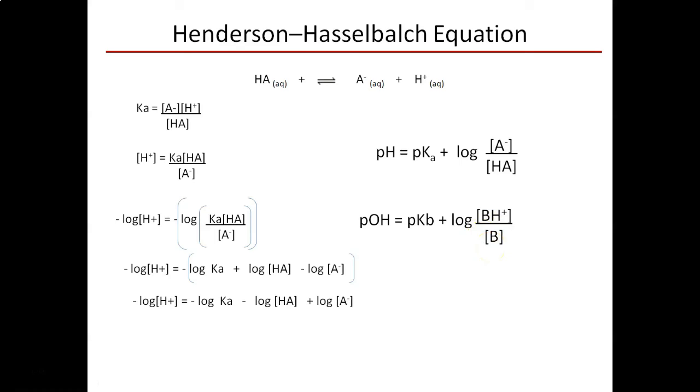So how would this equation help us? What if we were told the concentrations of our acid and our conjugate base, and we asked what would be the pH of the solution? We know the concentration of our acid, and we know the concentration of the conjugate base. Here I'm saying that the concentration of fluoride is the same as the sodium fluoride, because this is a soluble compound and it will dissociate completely.